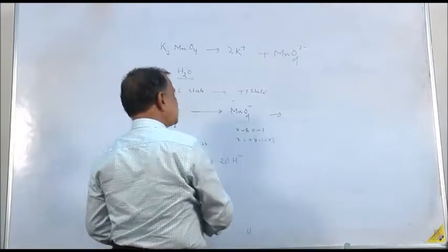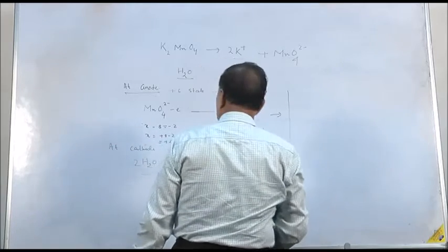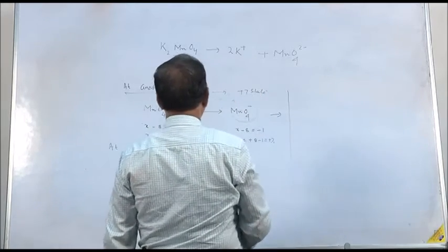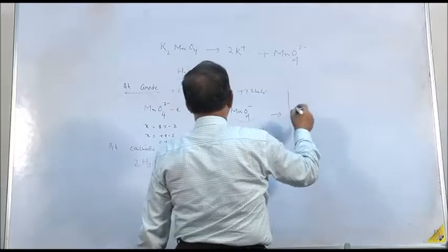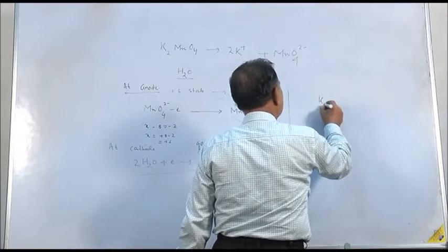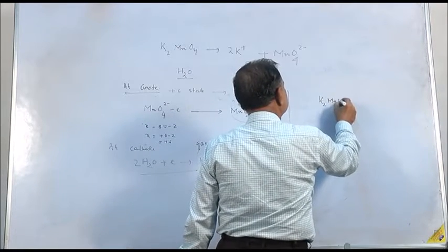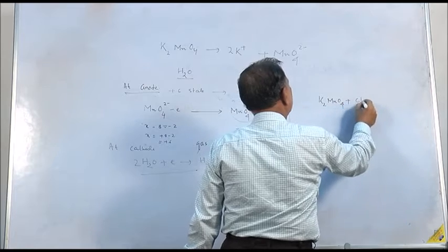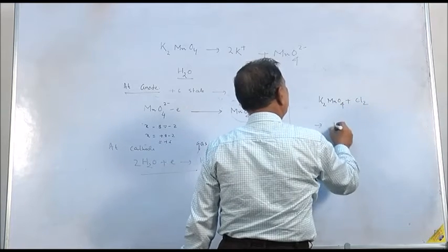Another method is oxidation by chlorine. If you take K2MnO4 plus chlorine, we get KMnO4.